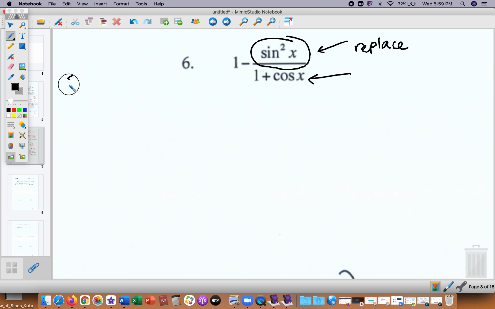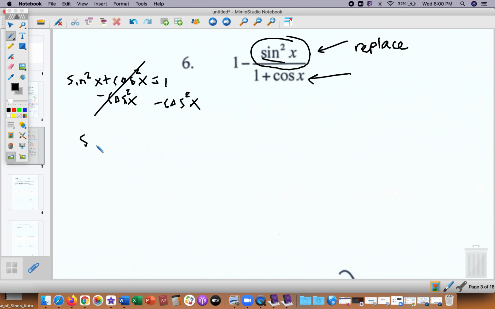So we know that sine squared x plus cos squared x is equal to 1. If I want to isolate sine squared, I need to subtract cos squared x from both sides.